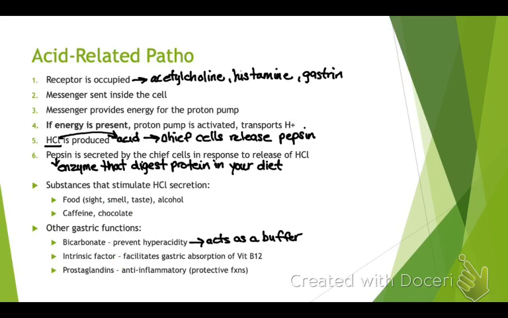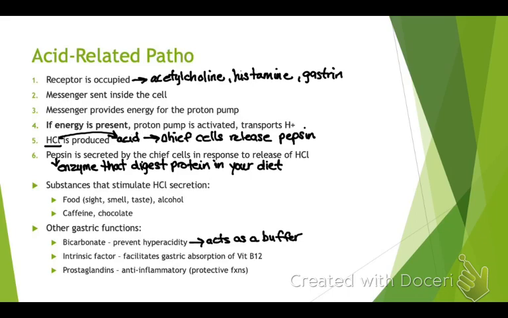Some more patho. Your receptor is going to be looking for acetylcholine, histamine, and gastrin. These receptors are utilized by the body; they are almost like messengers.